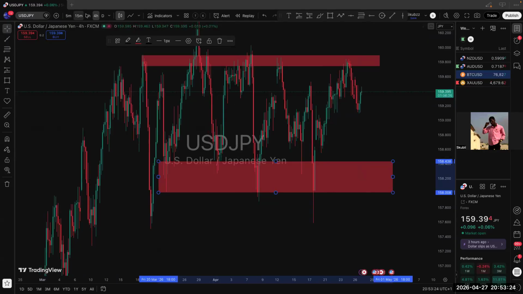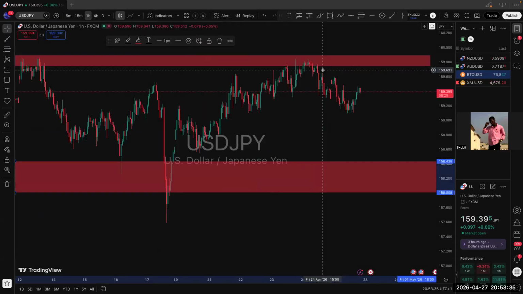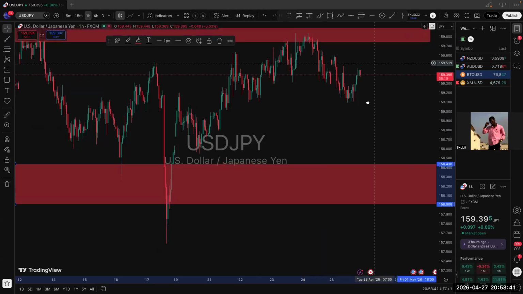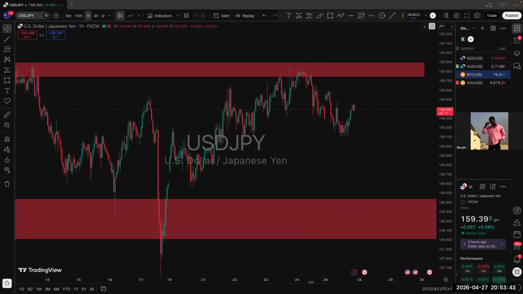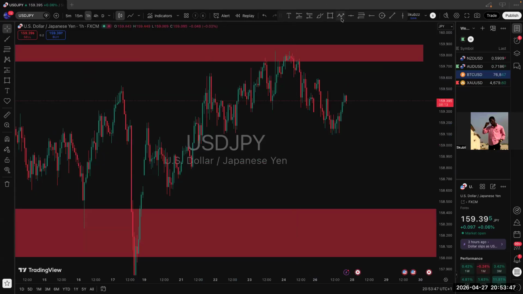What do I mean by that? Let's look at the 1 hour time frame. You'd see that price is actually doing a nice downtrend to the downside. Yeah, see what I was saying? This is the 1 hour time frame. And if you look at this, you see that price has been creating a series of lower low, lower high.